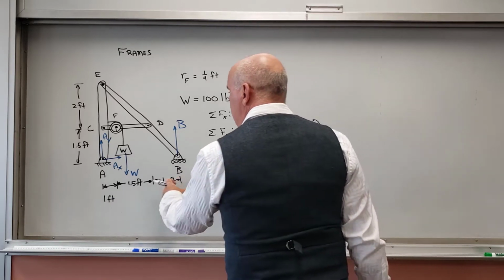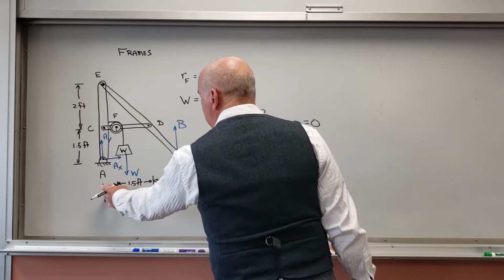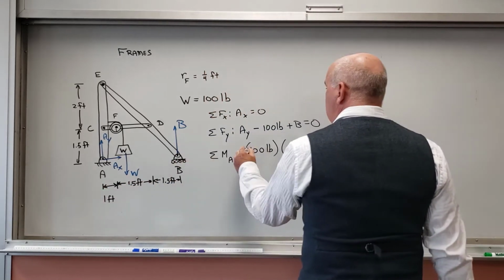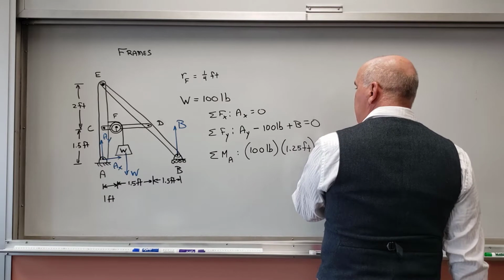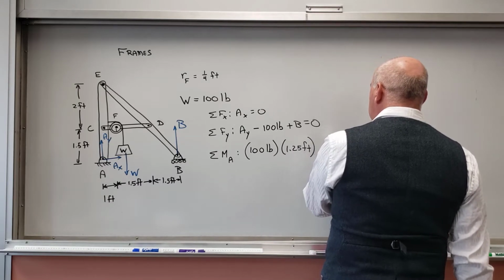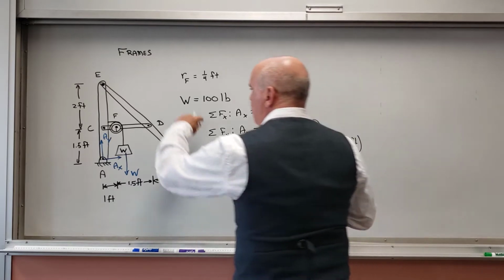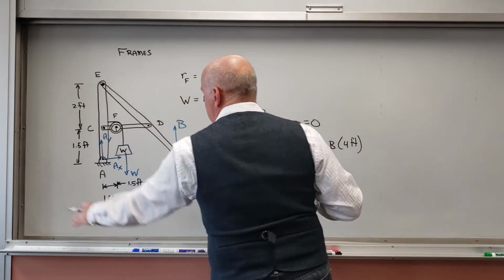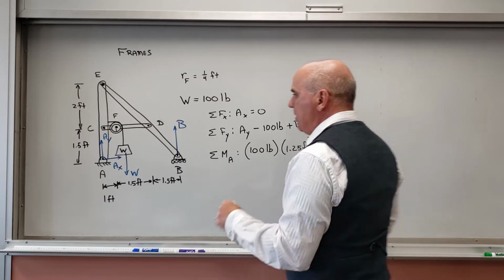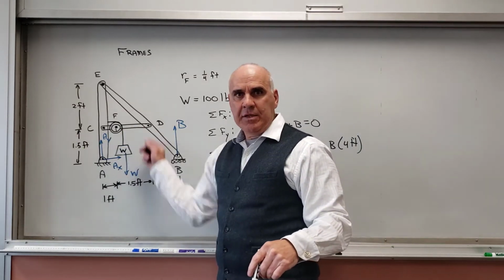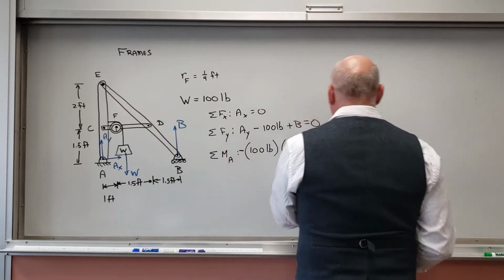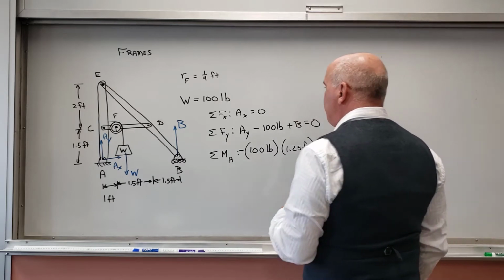And then I'm at 3 feet plus another foot, 4 feet over. That's going to be B times 4 feet. Now B is kind of trying to rotate around A in the counterclockwise, so that's positive. But W is trying to rotate clockwise, so that's going to be negative. And that's equal to 0.